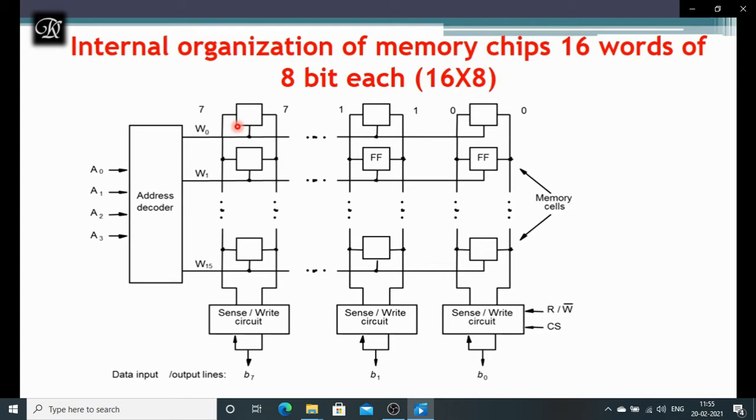The job of the flip-flop is to store a single bit of information. The same flip-flop is used here to store a single bit, and a collection of 8 flip-flops makes one word line. We have 16 cross 8 in total, which means 128 bits of data will be stored by this memory organization. This is a very simple memory organization, and here we have two more control signals, the read or write.